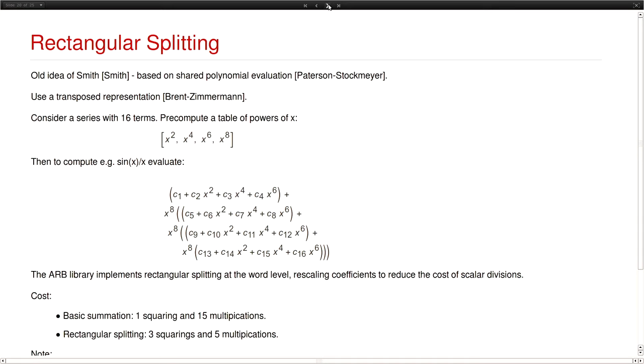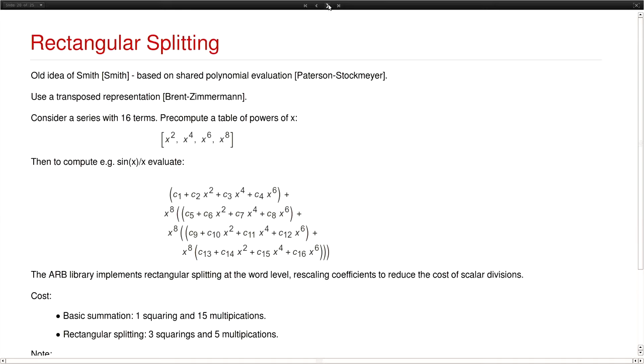Now the second thing that we didn't have before is another way to more efficiently evaluate the series, something called rectangular splitting. So it works like this. You build up a table of powers, okay? So I want to compute a Taylor series with 16 terms. I build up a table of powers that go up to the square root.